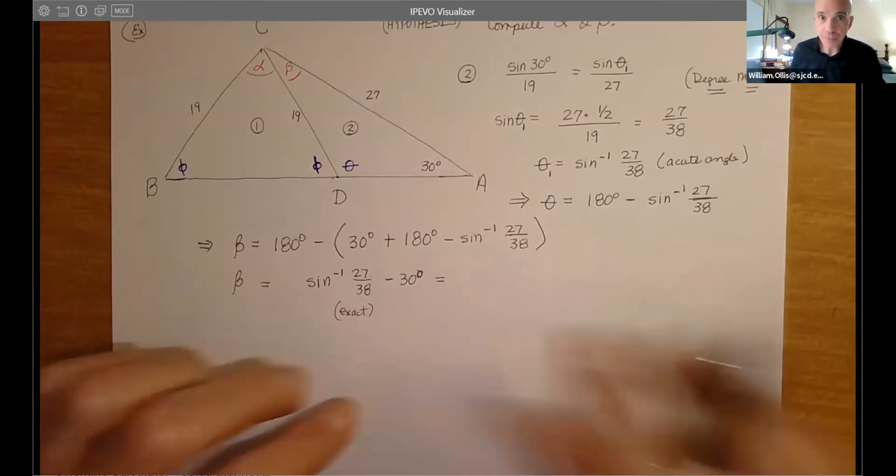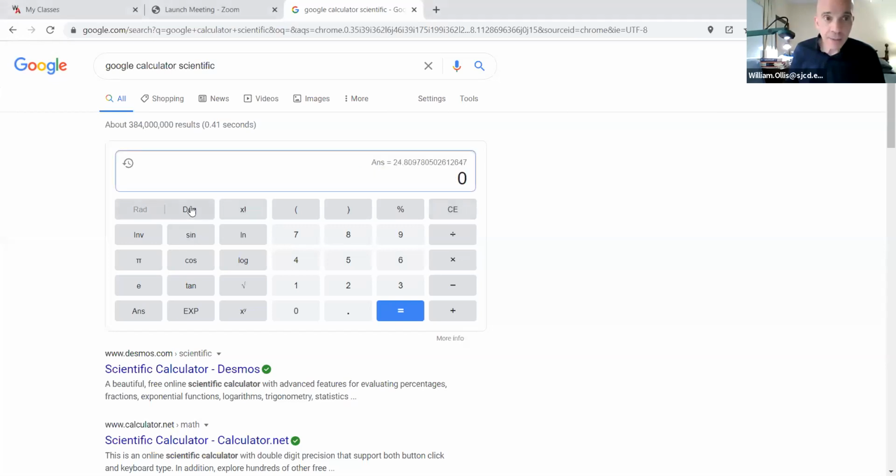So let's do it. Let's go to Google. So now, again, degree, DEG, make sure that's highlighted. So we have inverse sine, arc sine, so we'll do 27 divided by 38 minus 30 degrees.